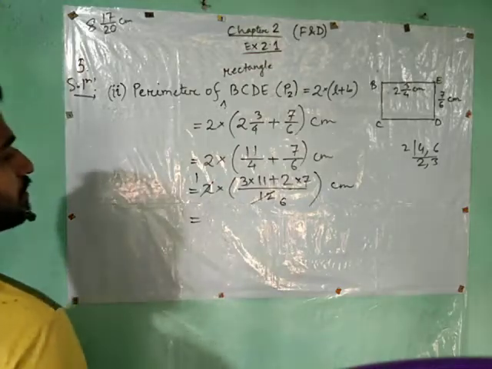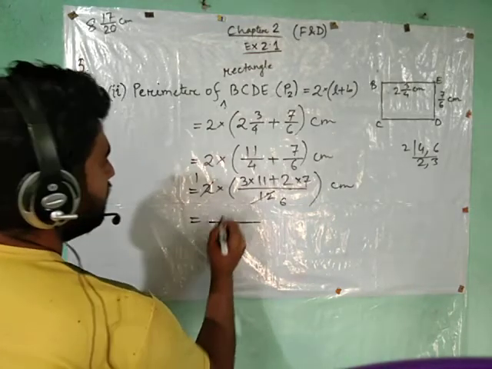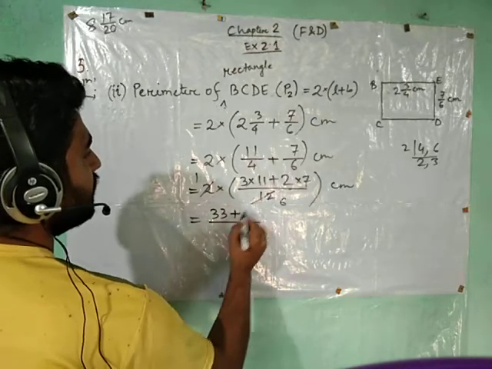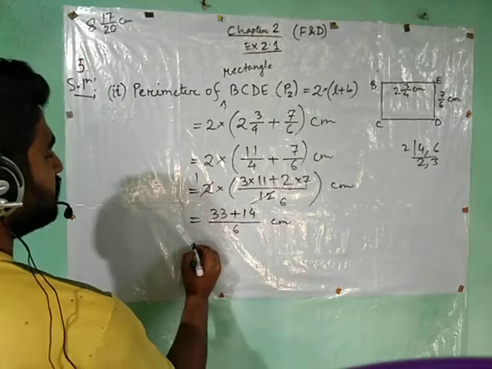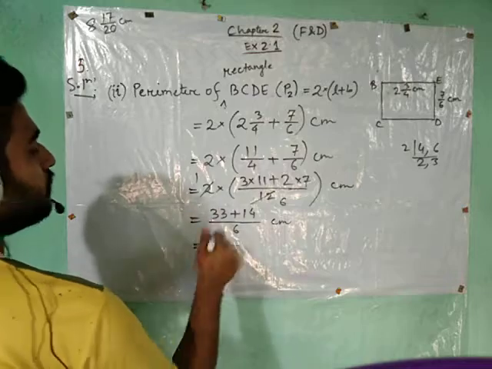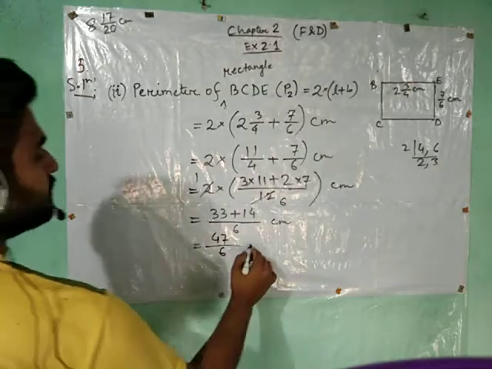Now 2 1s are 2, cancel it. 2 6s are 12. Now in the denominator there will be 6, and if you multiply them you will get here 33. Plus is there, so plus. Now 2 7s are 14, and here centimeter. So what will you get here? 33 plus 14 is 47, divided by 6 centimeter.